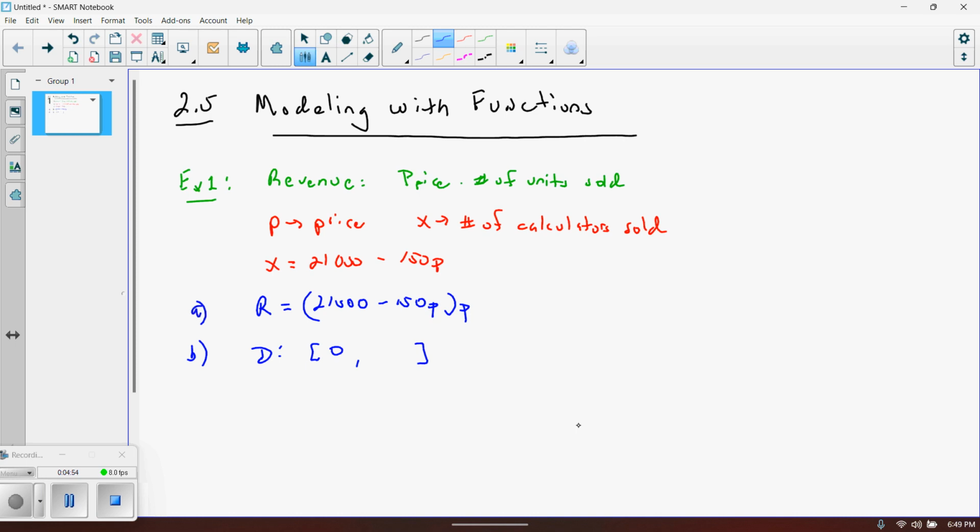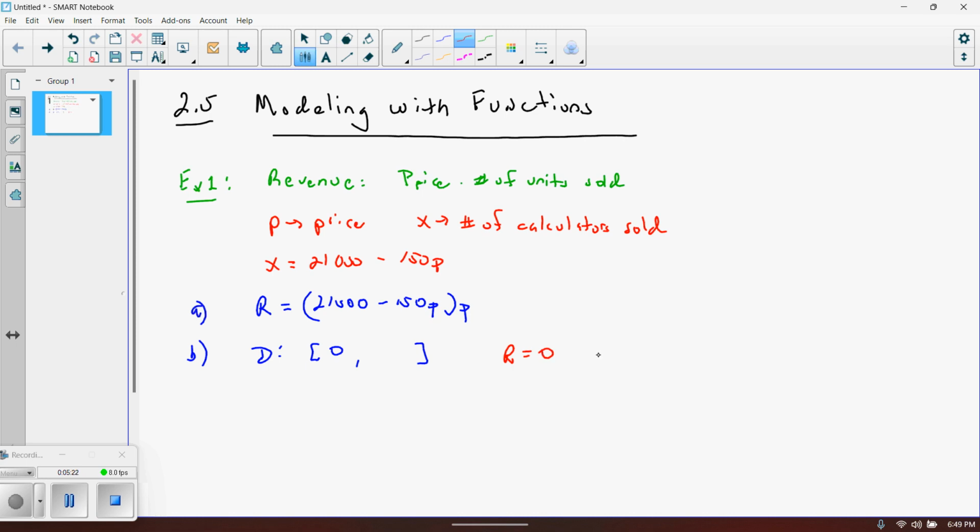based upon our information. So what you need to do is figure out what the domain is based upon the revenue equation that we're given. Basically, the way you do it is you take each one of these things in the revenue and you set it equal to 0. So we set the revenue equal to 0, and we'll solve it.